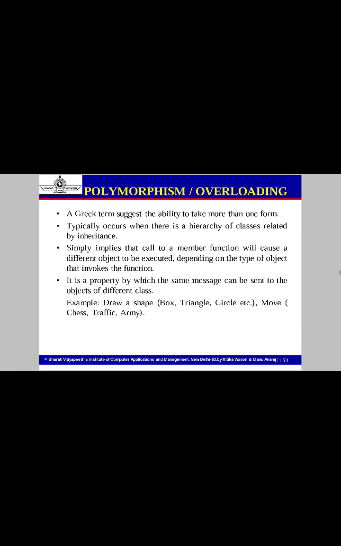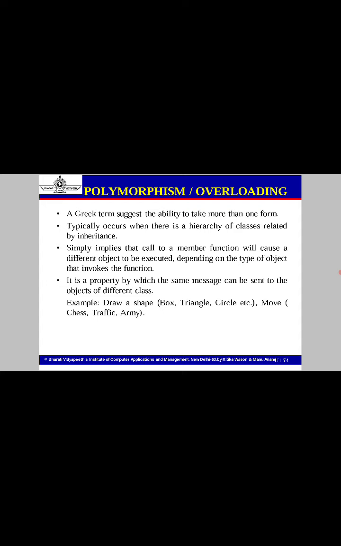Polymorphism or overloading. Poly means multiple, morphism means forms. There are two types of overloading, function overloading and operator overloading.